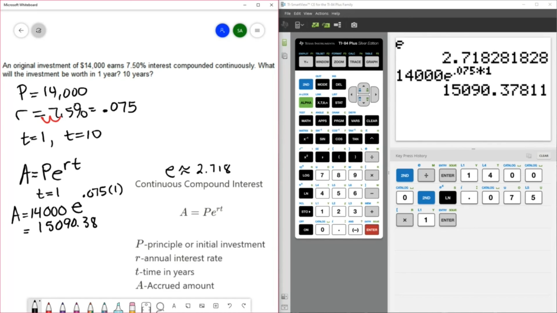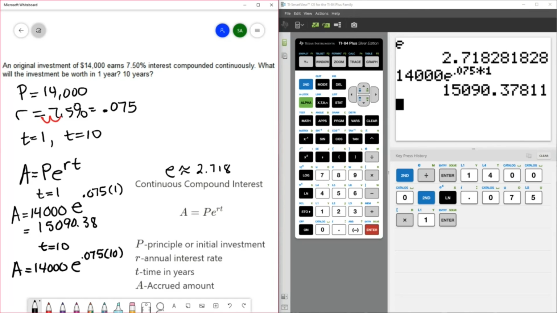Then I'll calculate the formula again using a time of 10 years. That's A equals 14,000 e to the 0.075 times 10. I'm going to use a special feature of this calculator.